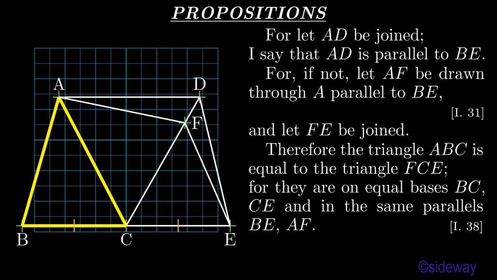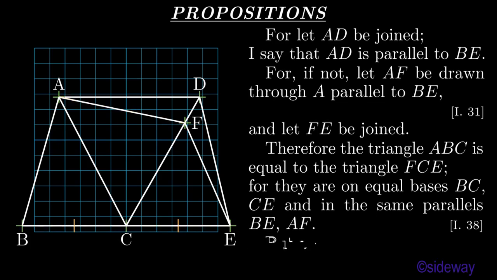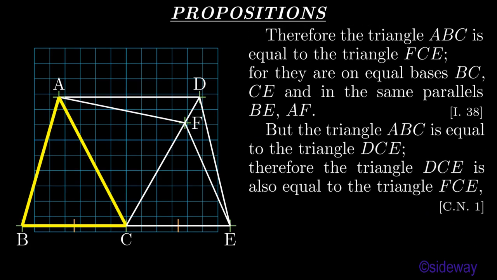Therefore the triangle ABC is equal to the triangle FCE, for they are on equal bases BC, CE and in the same parallels BE, AF. By Book 1 Proposition 38. But the triangle ABC is equal to the triangle DCE. Therefore the triangle DCE is also equal to the triangle FCE.